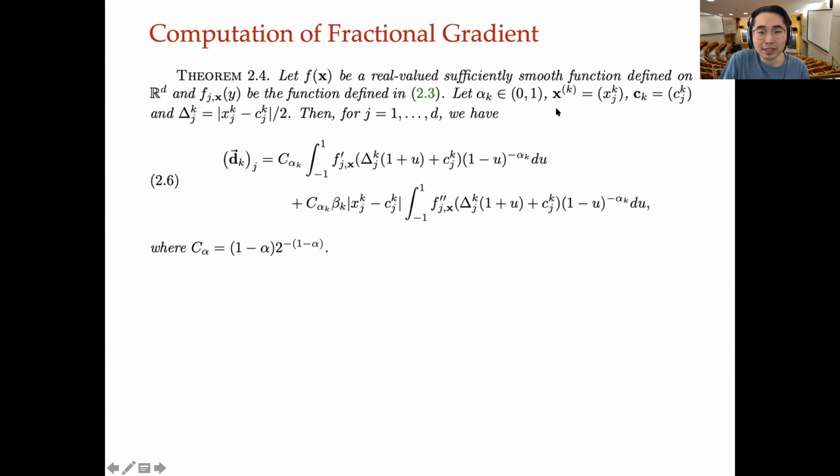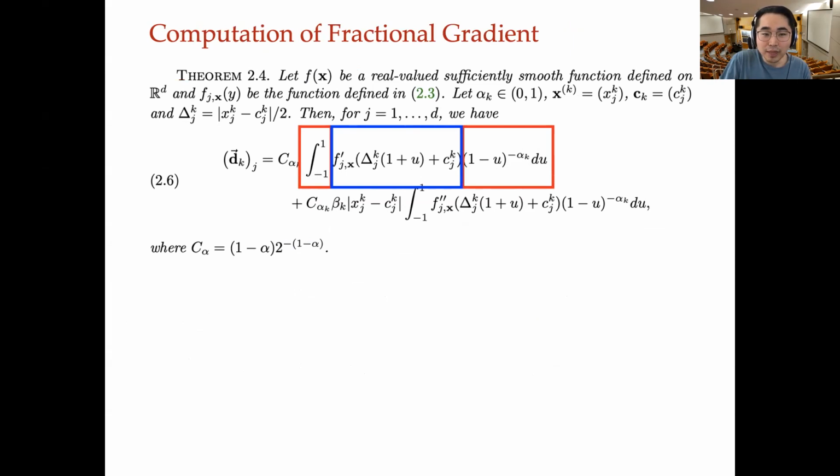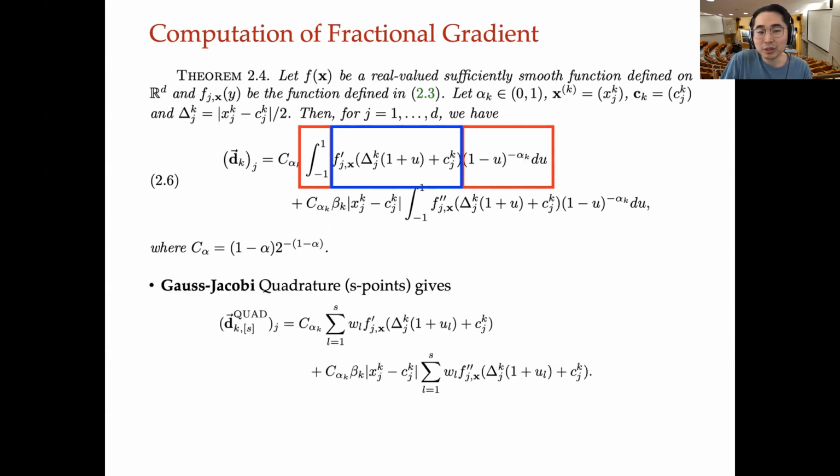There are quite a few technical details involved, but let me focus on this. It involves a one-dimensional integral, from -1 to 1, of such a function here, with (1 - u) to the power of minus alpha, du.